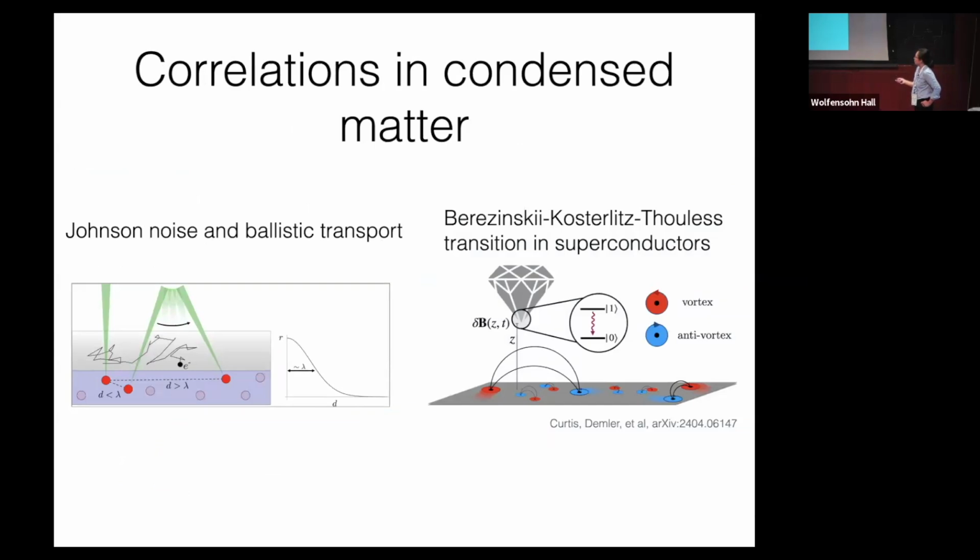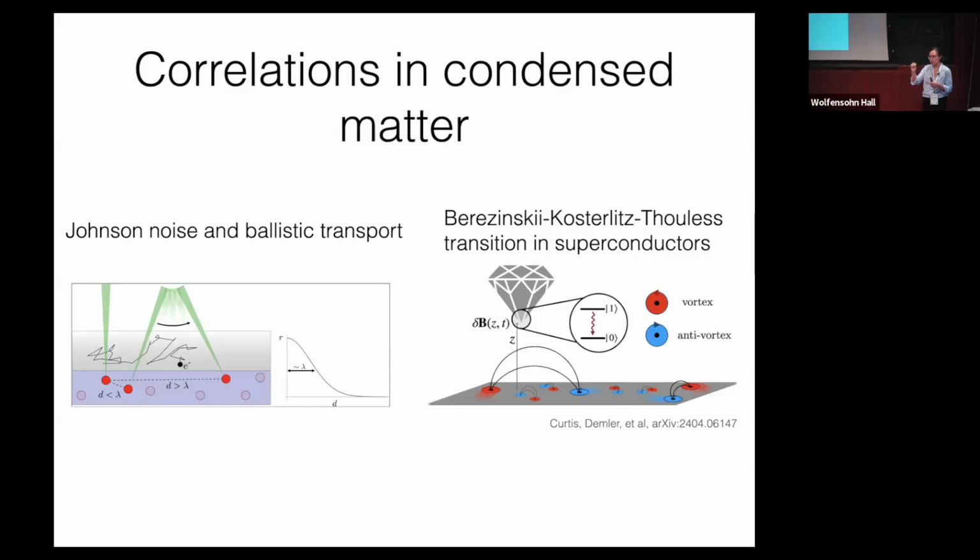If I'm looking at Johnson noise from some material that's sitting on top of it, then you can imagine that if you have ballistic transport that has some characteristic length scale lambda, then two NV centers here are going to see highly correlated Johnson noise because they really come from transits of the same electron that's going past them, right? Whereas if I pick two NV centers that are really far apart from each other, they will not see correlated noise. So now by looking at these correlations, I actually get access to a new parameter that I wouldn't have been able to see with just noise sensing.